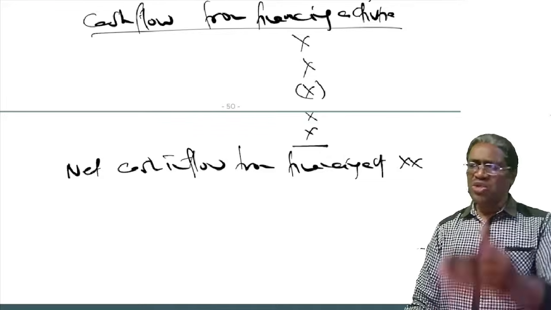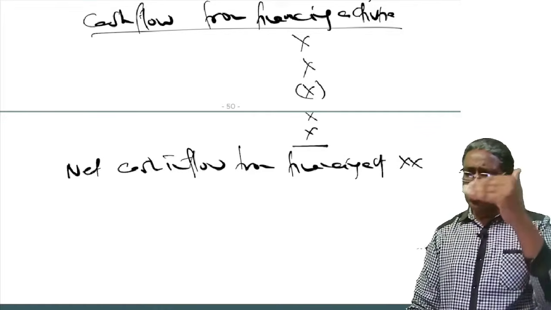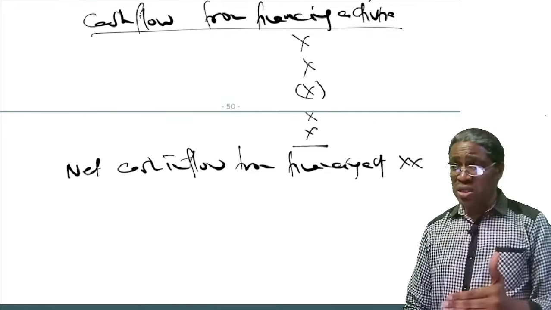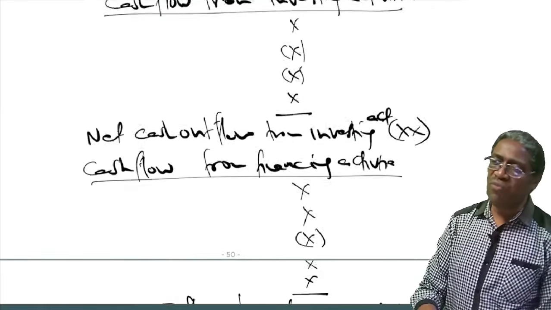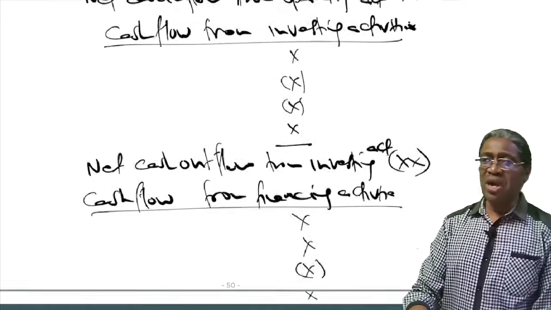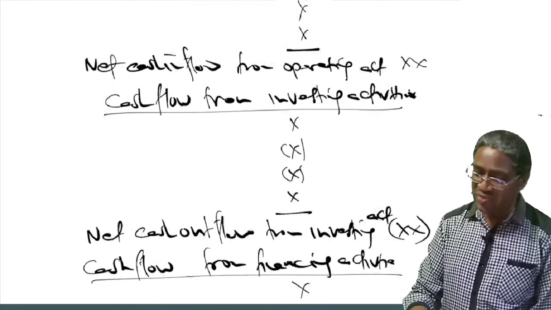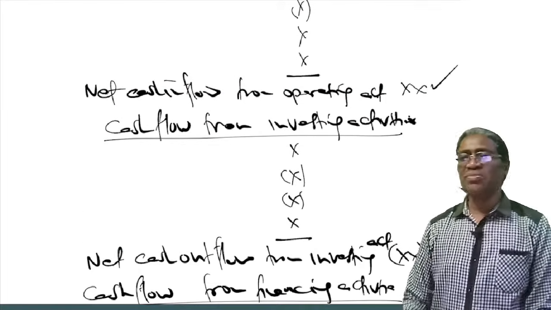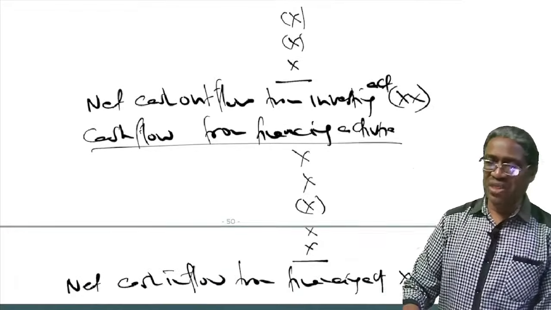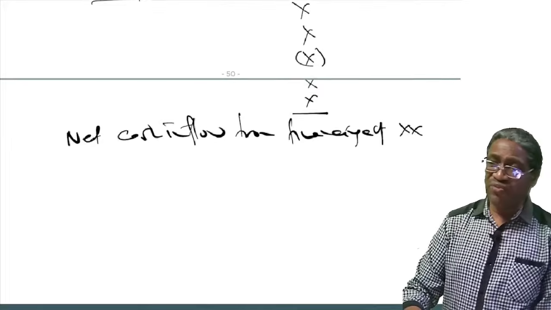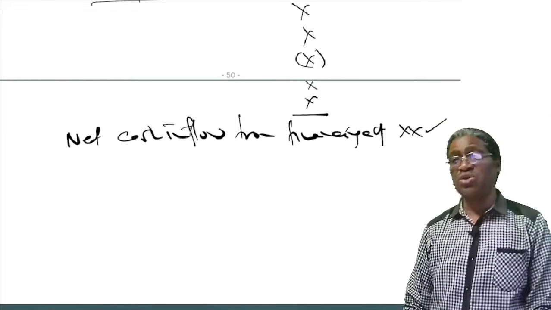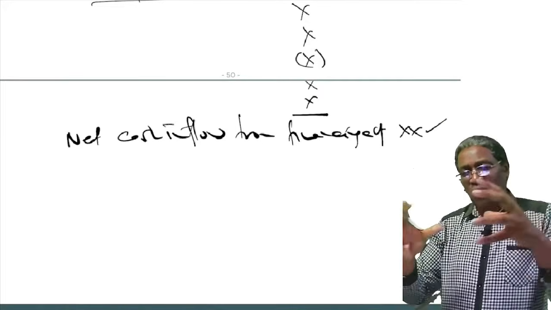Good. Once you have identified the cash flows from the 3 categories, you get the total of those 3 categories. Get the cash flow from operating activities, the cash flow from investing activities, and the cash flow from financing activities, whatever the amounts. Get the net of the three figures.